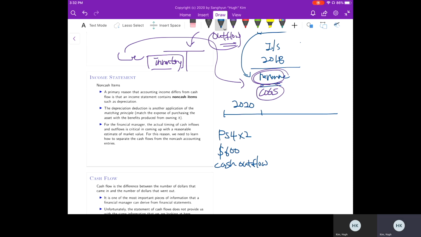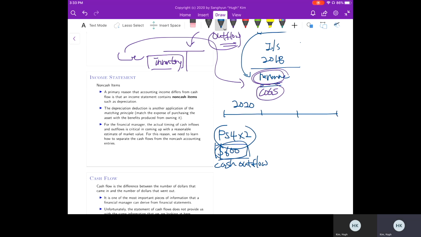But instead of expensing, recognizing this cost immediately for 2020, you first think about how long these PS4 consoles can generate revenue. So let's say you decide that the PS4 consoles can generate revenues for your business over the next 3 years.